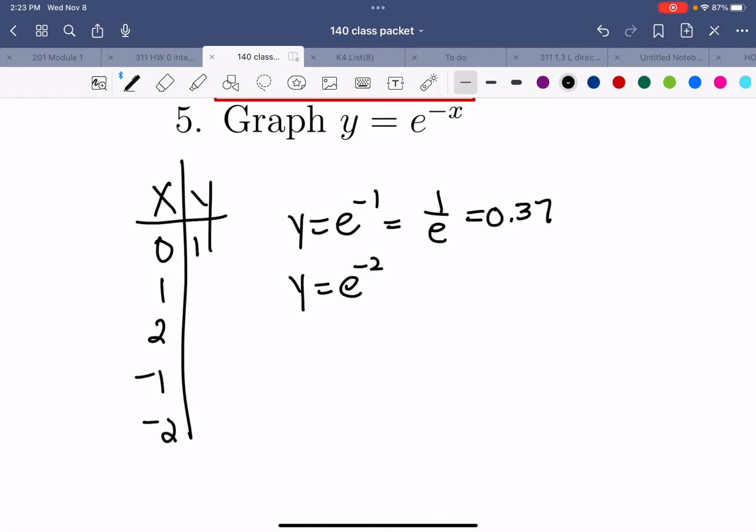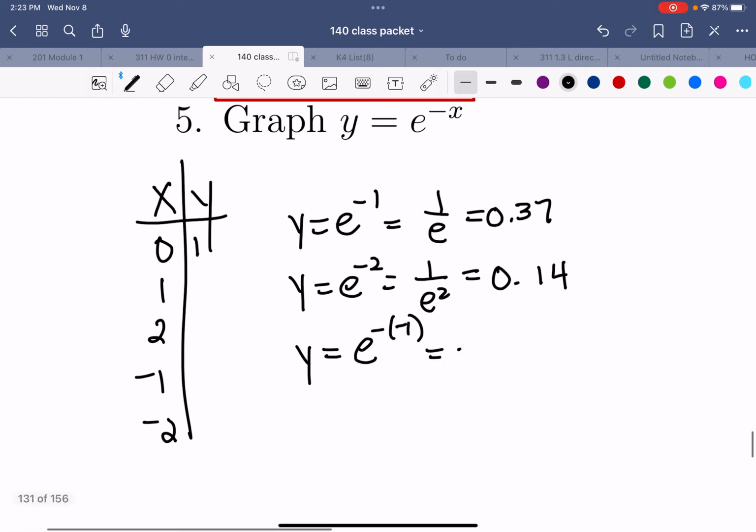If we plug in 2, that gives us 1 over e squared. When you plug it into your calculator, that's 0.14. Now we plug in -1, negative and -1 becomes e to the positive 1, and that's just our 2.71.